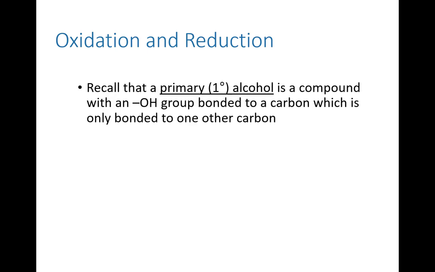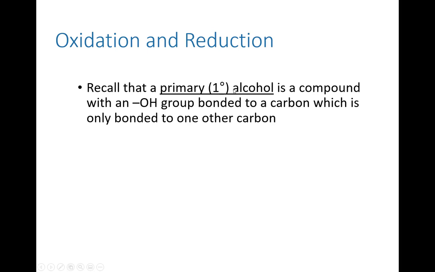Now we're first going to focus on oxidation and reduction of alcohols, and we will also look at how this relates to 3 other functional groups: aldehydes, ketones, and carboxylic acids.